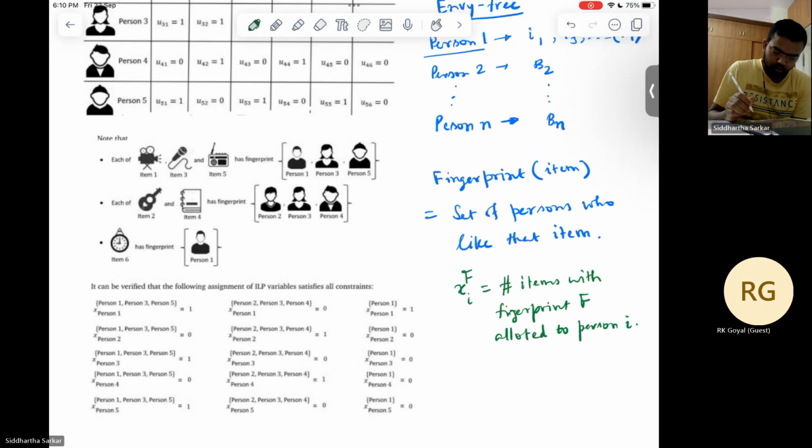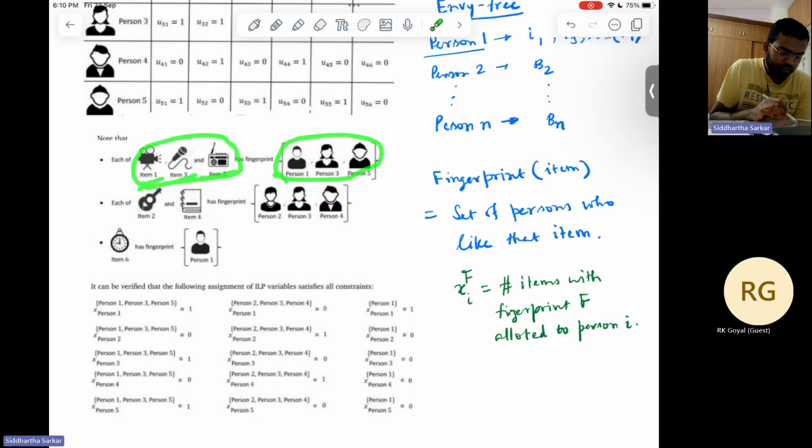Okay. So here this means that person 1 is given only one object with fingerprint of persons 1, 3, 5. There are 3 items with this fingerprint. That means these 3 persons like this item, as well as this item.